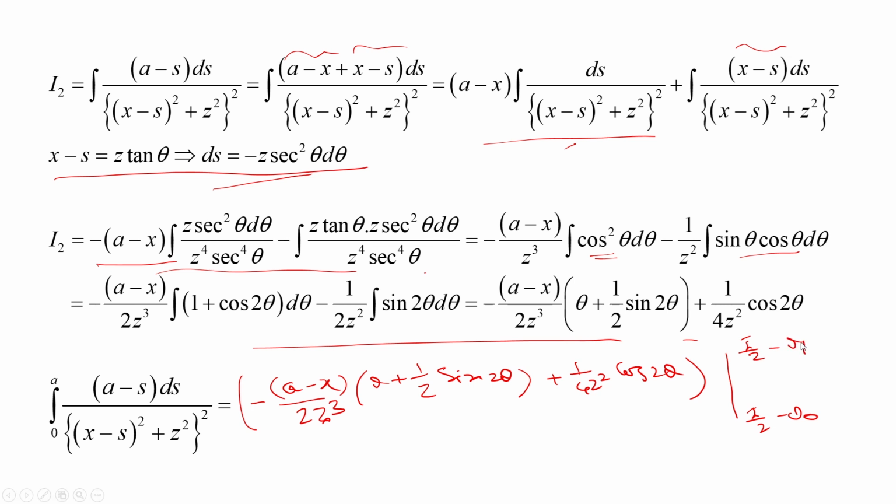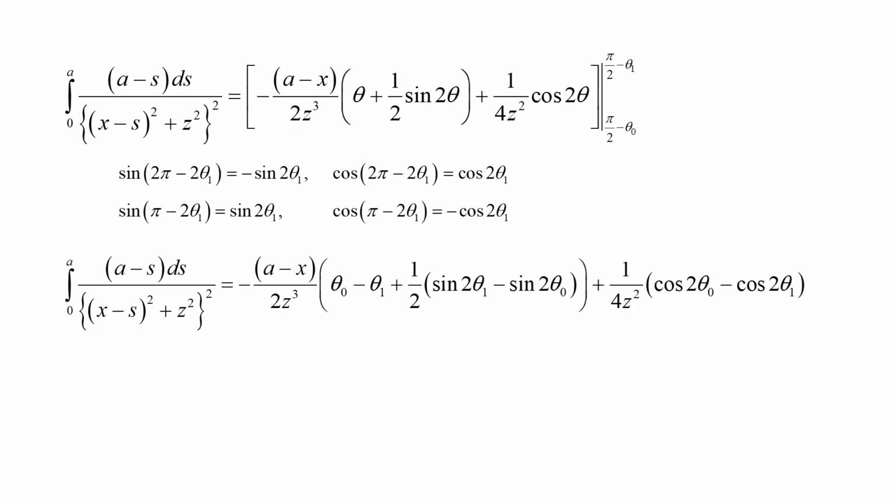So, we have already done this particular thing in the last lecture. If I substitute all that for these theta quantities, then I will get this expression very nicely. Over here theta is replaced, so from here I get theta 0 minus theta 1, because this is pi by 2 minus theta 1, pi by 2 minus theta 0 here. So, therefore, we will get like this, and here I will get like that because it is sin 2 theta here.